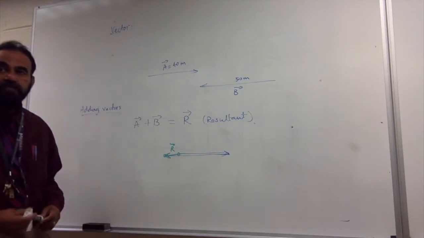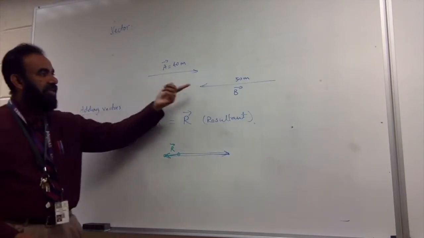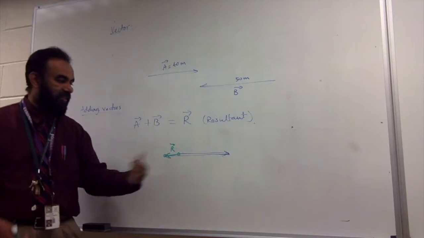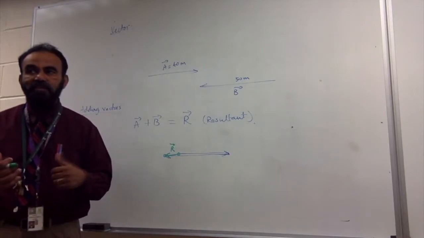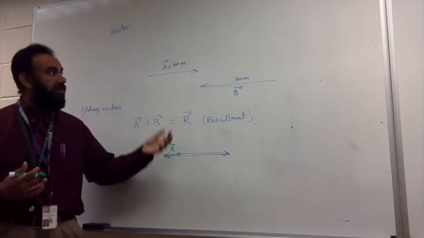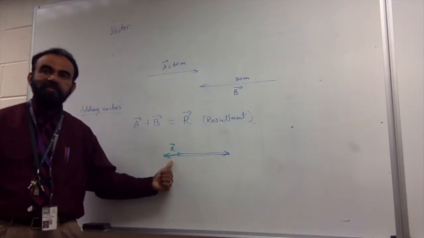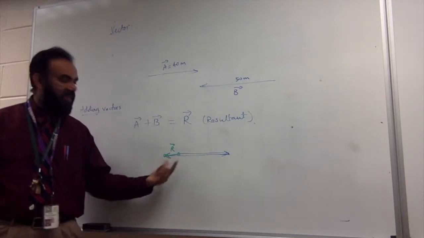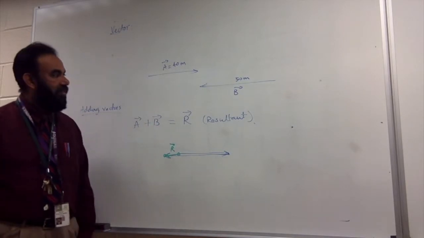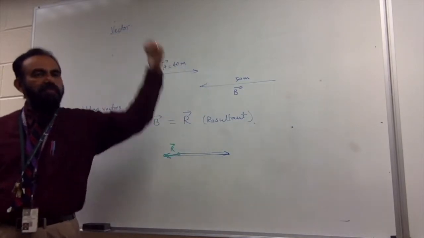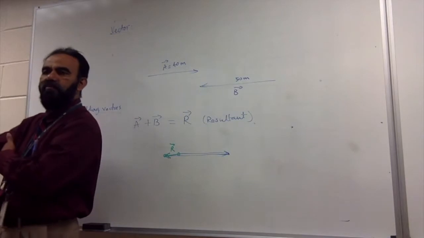Is that clear? So the answer for 40 and 50 meter displacements put together is 10 meters to the west. If you're not careful with the directions, you will say 90 meters. So the direction is what makes it 10. 10 is the overall displacement. So instead of going 40 meters that way and 50 meters back again, I could have just gone 10 meters this way.